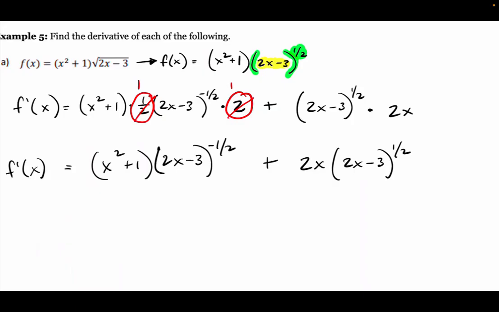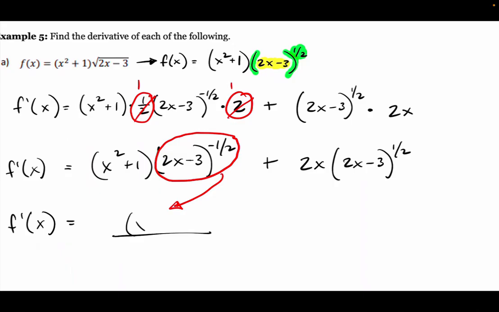Last step, negative exponents, give them back powers if they need them. So this guy, since it's on top, it's going to move to the bottom. So it's going to be x squared plus 1 square root 2x minus 3 plus 2x minus 3.